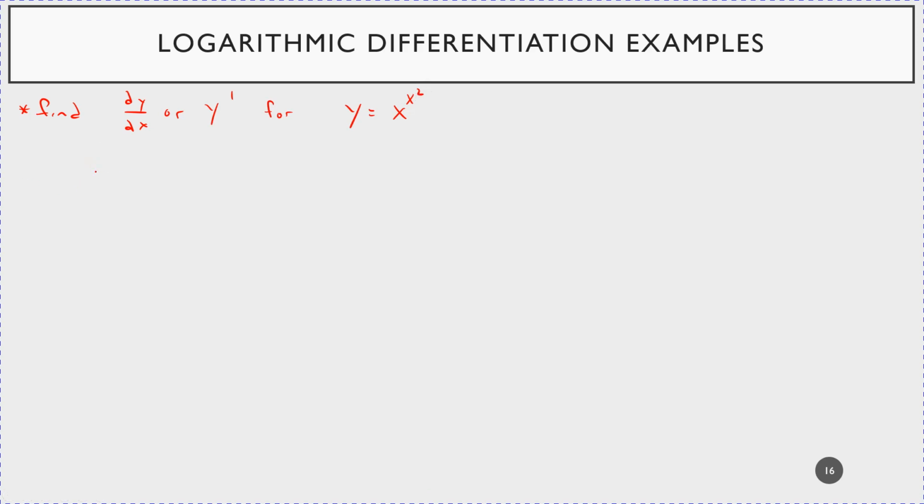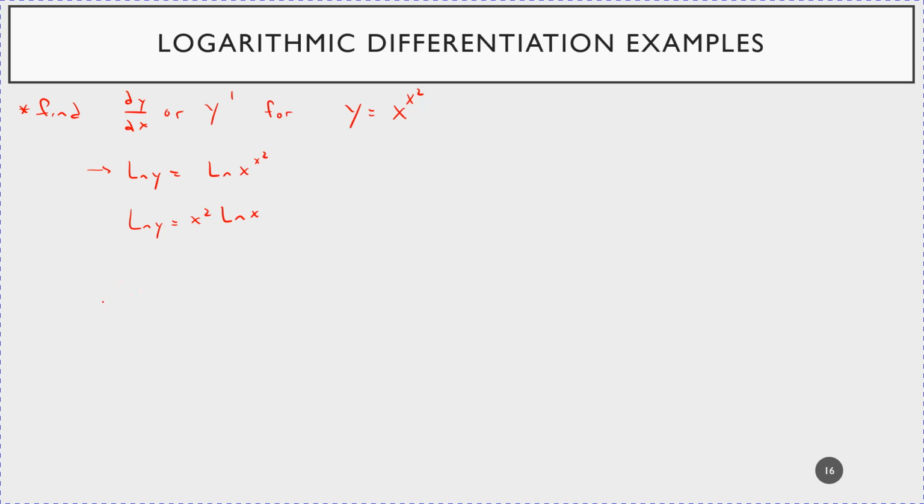So watch what happens when I take the natural log of both sides. I'm left with the natural log of y is equal to the natural log of x raised to x squared. What do our rules of exponents say we can do? We can bring this x squared down in front. So the natural log of y is equal to x squared times the natural log of x.